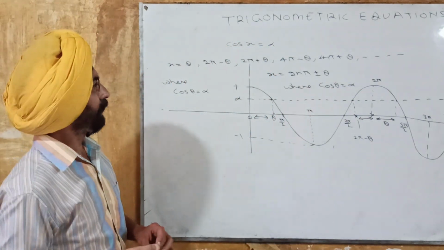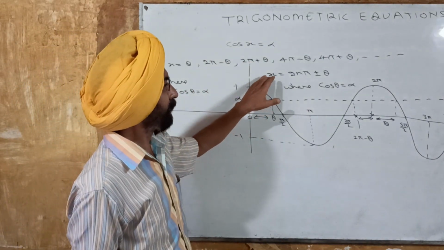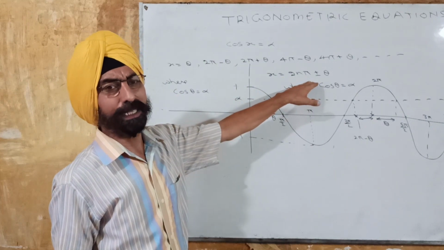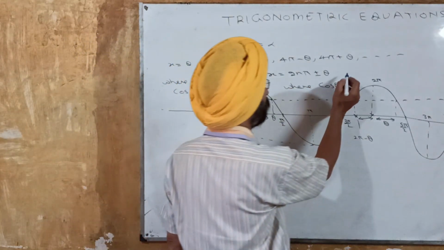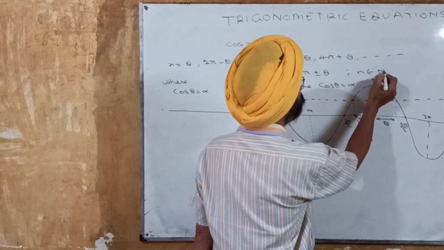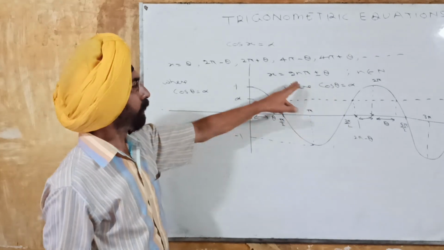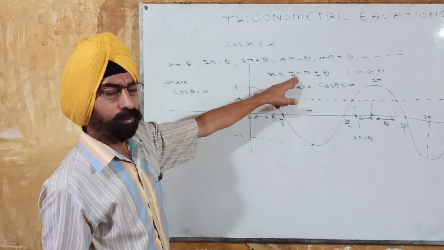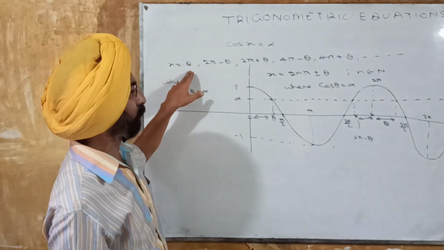Now if cos x is equal to alpha is given, then the solution will be given by x is equal to 2n pi plus minus theta. This is the general solution, where n is any integer, because we are going to obtain the general solution, so n may assume any value. If n is 0, you will get plus minus theta, so minus theta and plus theta.